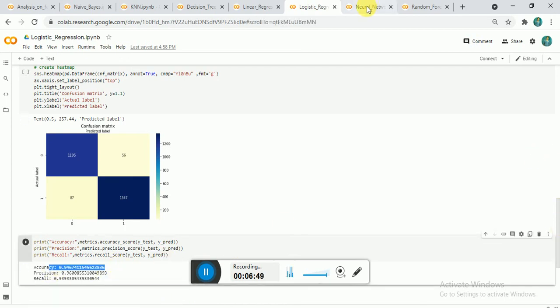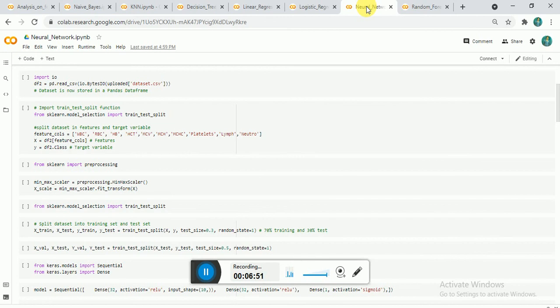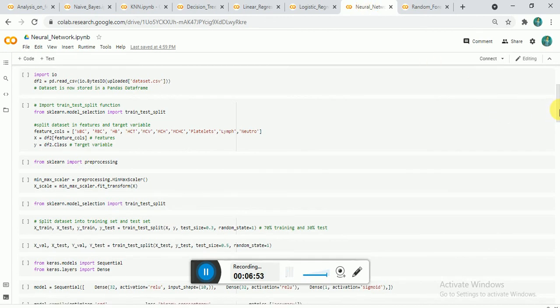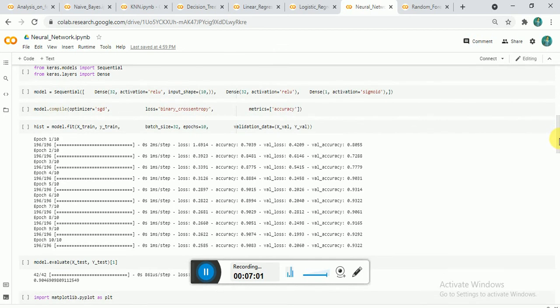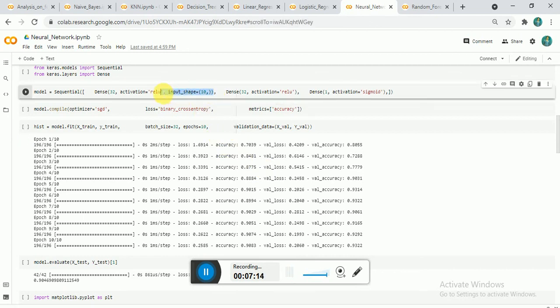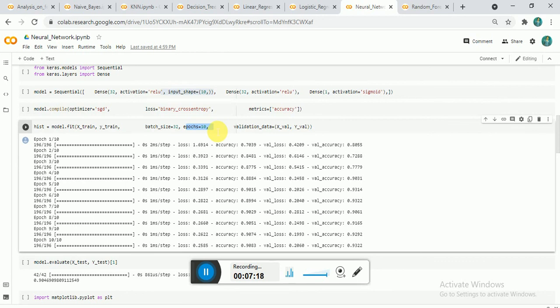So the next algorithm I have used is neural network. The 70% dataset is used for training and the 30% dataset is used for testing. Here the training of the neural network has been done. I used 10 epoch values to train the neural network.